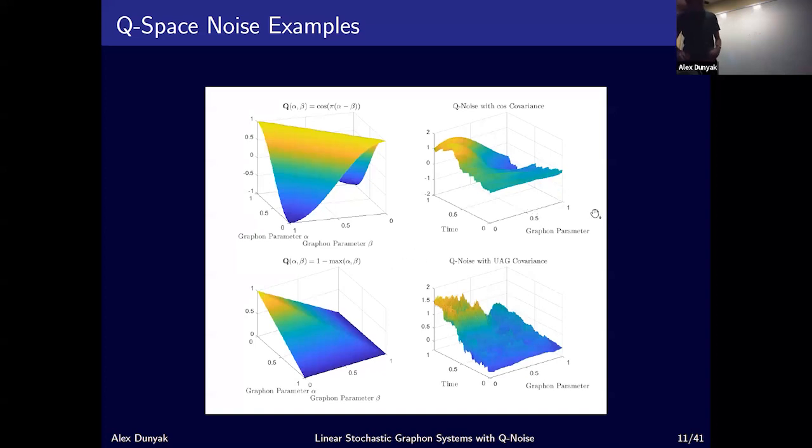In the bottom left, we see a uniform attachment graphon that we talked about somewhat earlier. When we have a Q-noise using the uniform attachment graphon as the covariance operator, you see that it's correlated locally near 0, but as you get farther away from 0, it becomes less and less correlated locally.